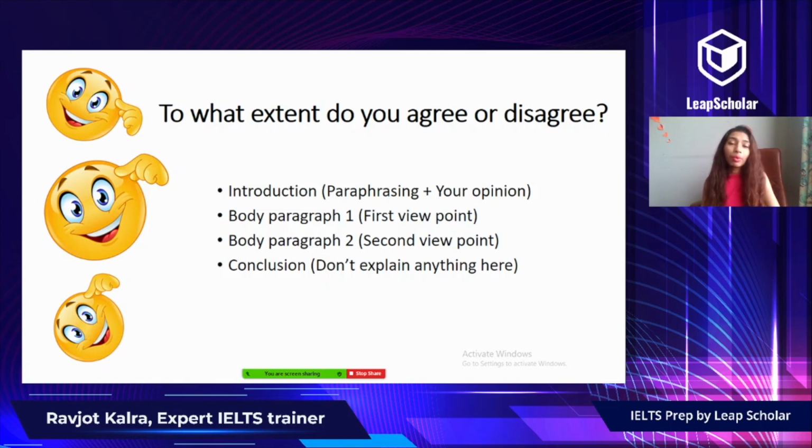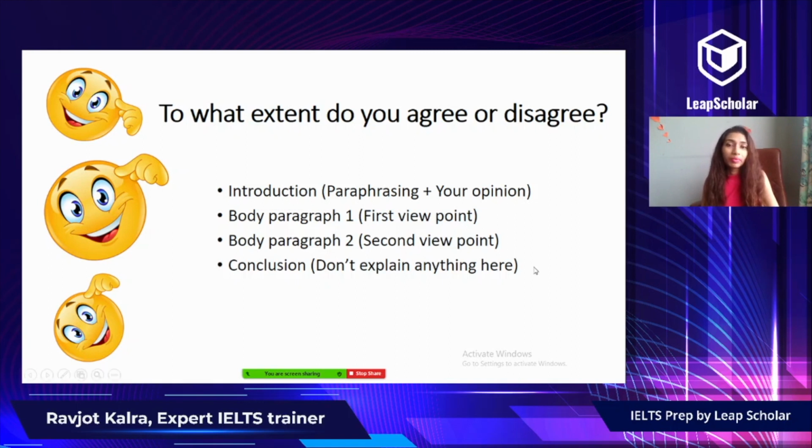But here, I would like to talk about how to explain your ideas partially. If you partially agree to the statement given, how are you going to write? Though the introduction and conclusion will remain unchanged, we are paraphrasing and will definitely write our opinion, which is called the thesis statement. In the body paragraphs, you will explain your points one by one.